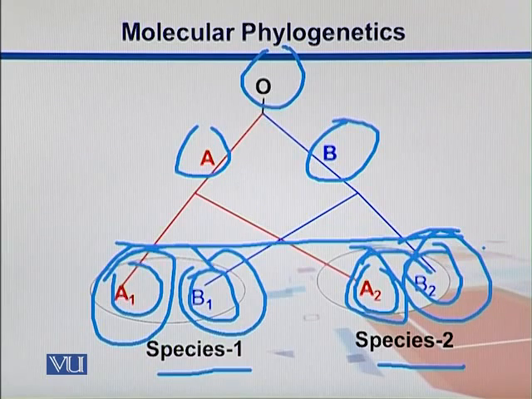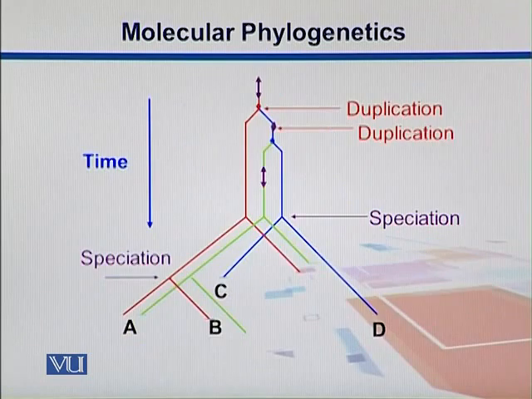So when we put these genes together and when we construct their evolutionary tree, we can go back and trace their evolutionary history. In this slide we see that the genes get duplicated, and then these duplicated copies can further diverge from one another. So this gene duplication as well as divergence can lead to speciation, so it can lead to formation of new species.